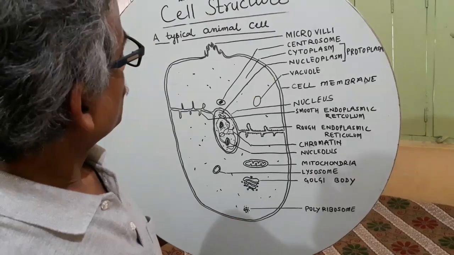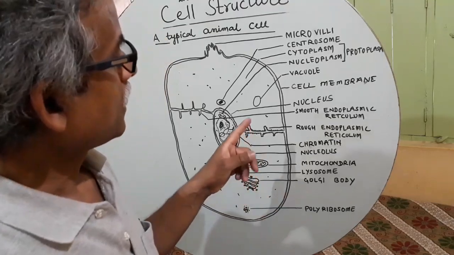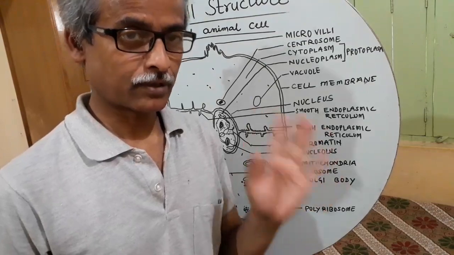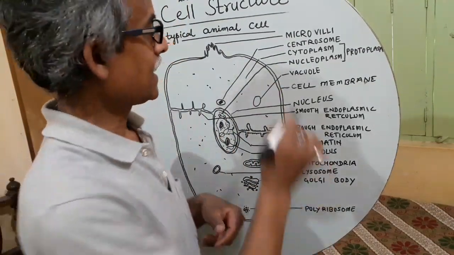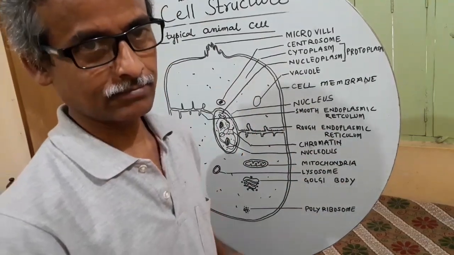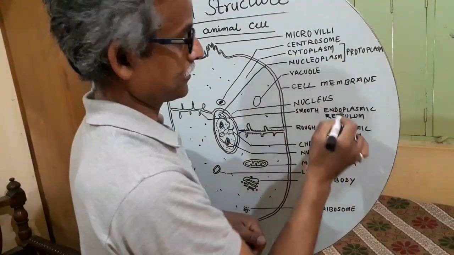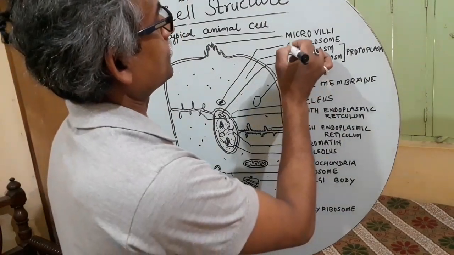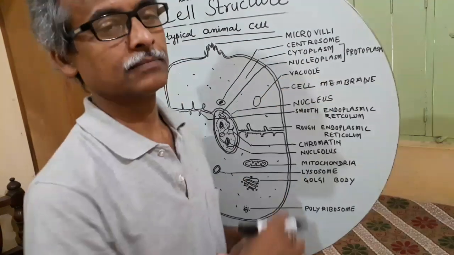Now, one thing that I want to tell you, and you should never forget. Whenever you draw a diagram and label the different parts, then always label with capital letters, and all the terms, all the names should be written in one vertical.